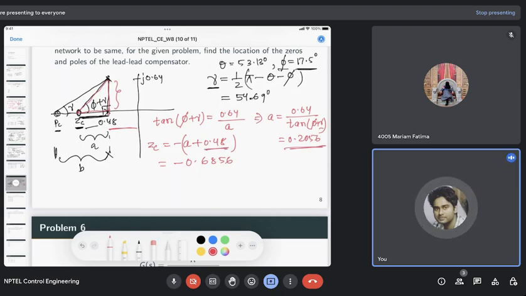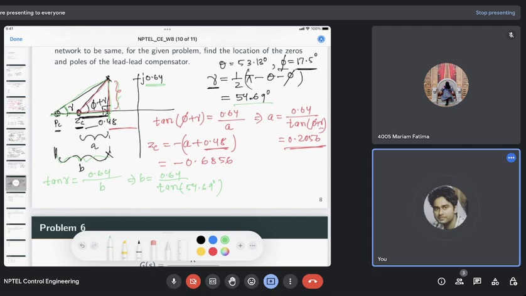Similarly for the pole location we use the outer triangle to compute the distance B that we defined from the point 0.48. For this triangle the angle is gamma, so tan of gamma is the height, 0.64, divided by the base, which we took as B. So B is 0.64 divided by tan of gamma, where gamma is 54.69 degrees.